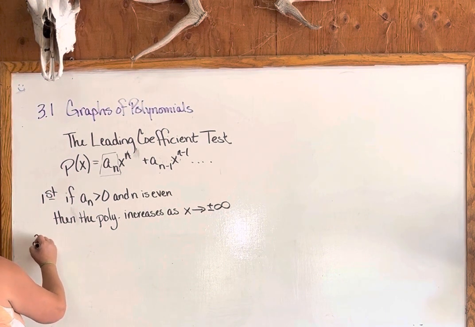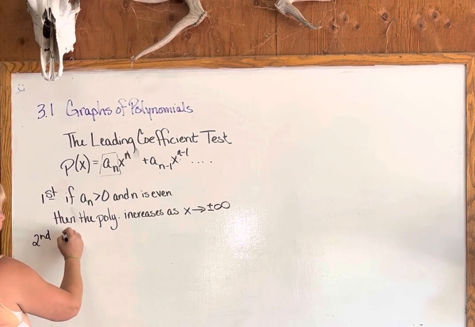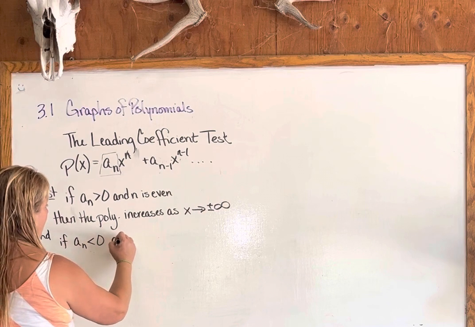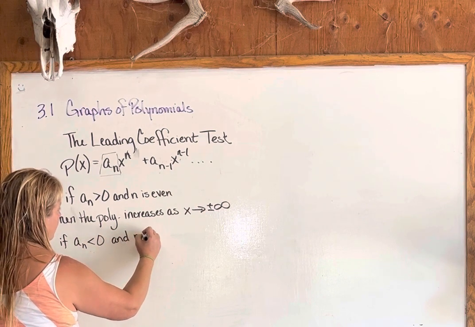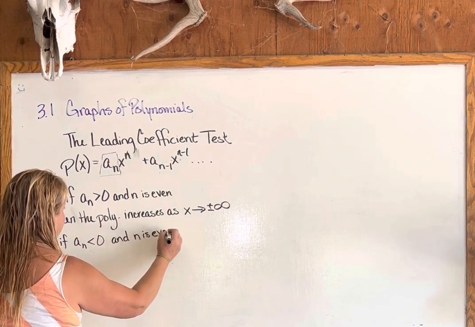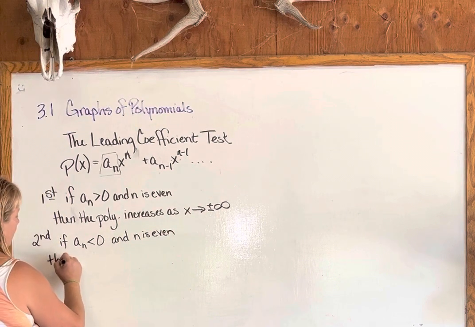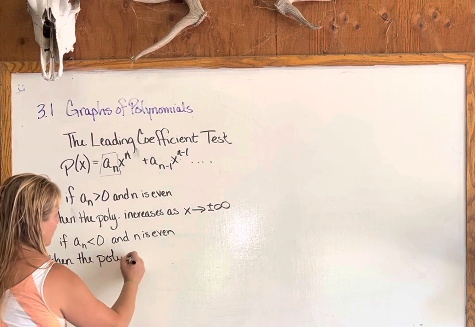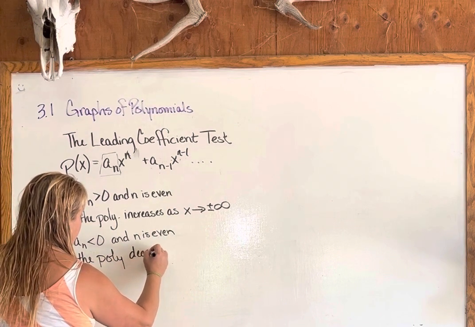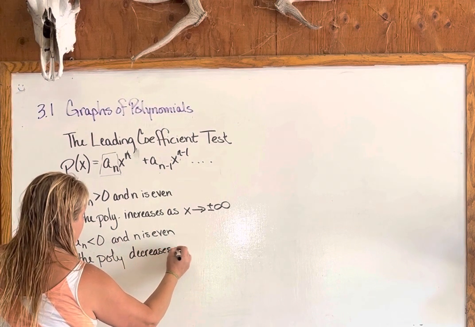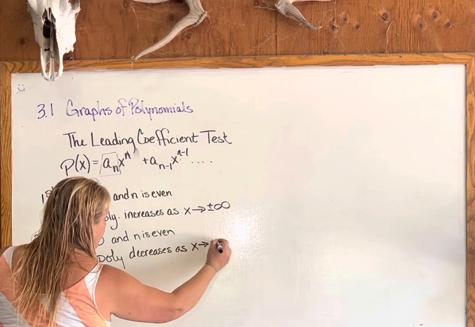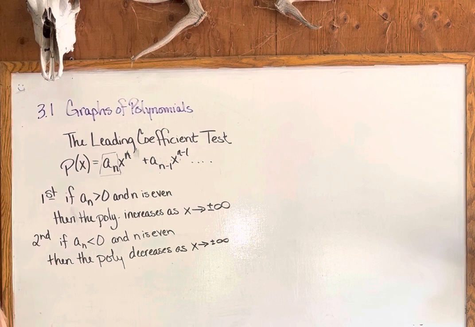So then the second one says, if a sub n is less than 0 and n is even, then the polynomial decreases as x approaches plus or minus infinity.